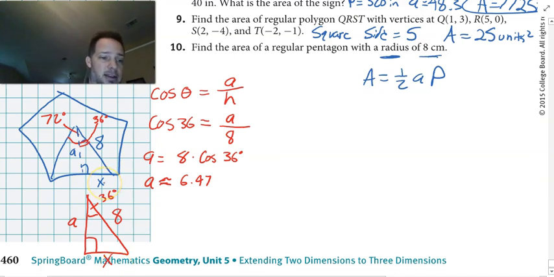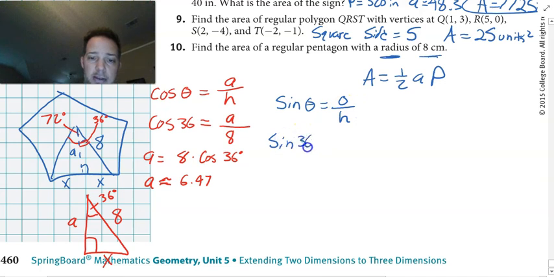We can do the same thing to solve for X, and that will help us. Once I know X, I can just multiply it by 2 to get the whole side length, and then multiply it by 5 to get the perimeter. Or 2 times 5 is 10. I can just figure out X and then multiply it by 10 to get the perimeter as well. So this one would be opposite is X and hypotenuse, so I'd be using the sine function. So sine of an angle equals opposite over hypotenuse, or sine of 36 degrees equals opposite is X, hypotenuse is 8.